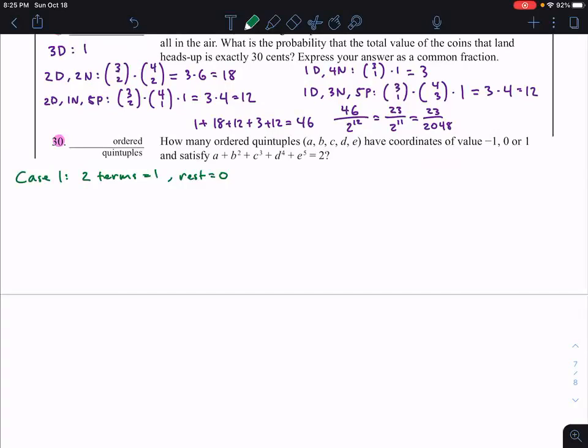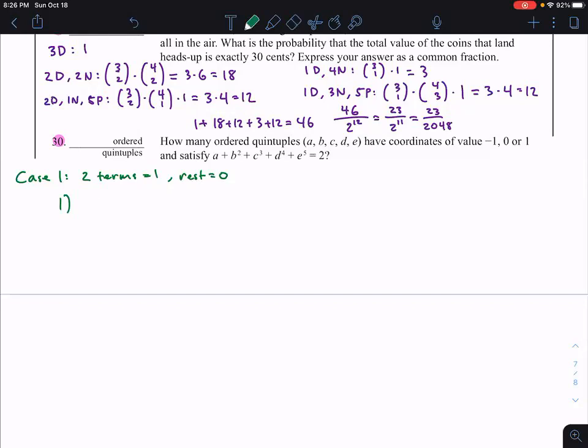For your first subcase, you want A, C, or E. From A, C, or E, you want to choose which 2 are equal to 1. So how should I write this?